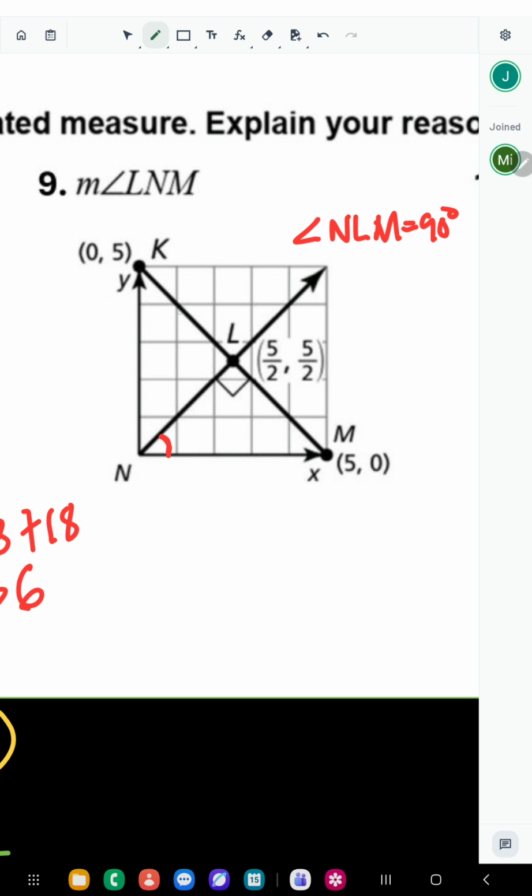So that means this side here is equal to this side. KL is equal to LM. So that means MN is equal to KN. Right. But we are asked for LM.